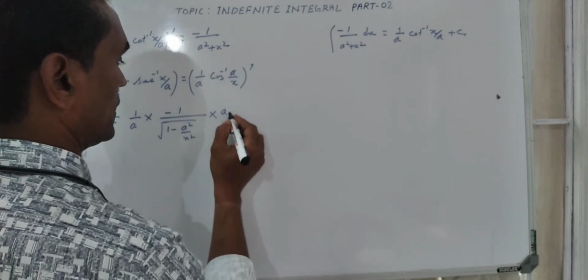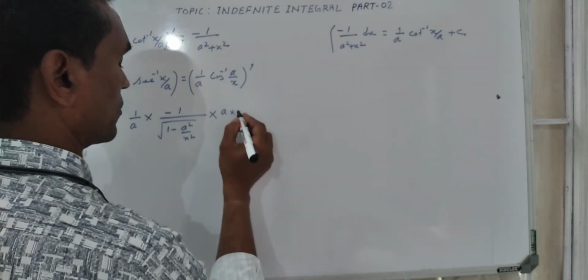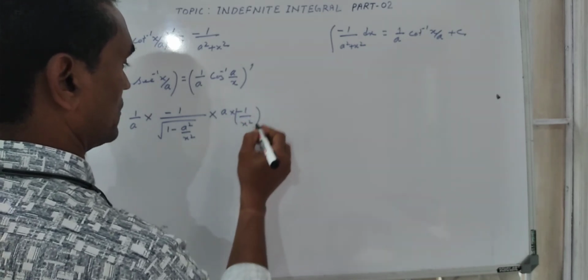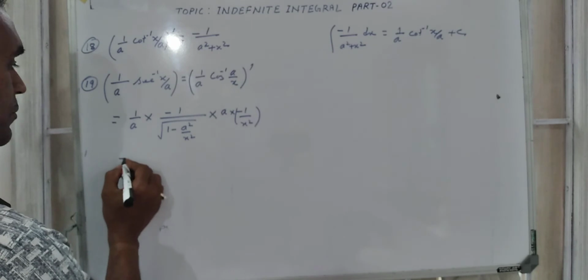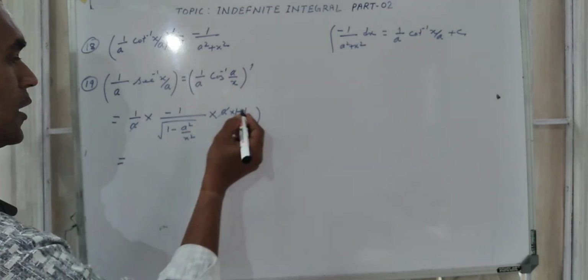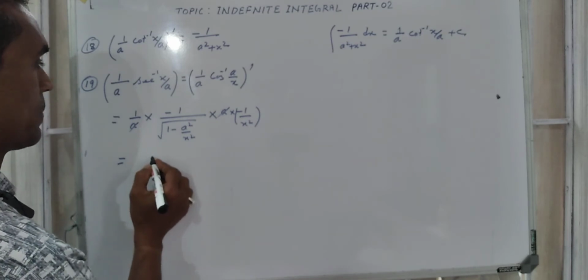So a into 1 by x, so minus 1 by x square. If you simplify this, a will cancel and both the minus signs will become plus.